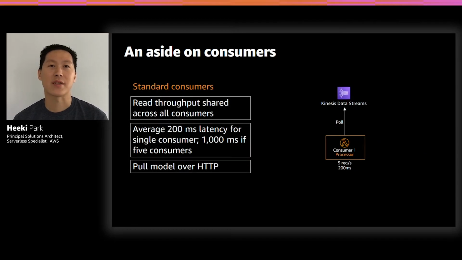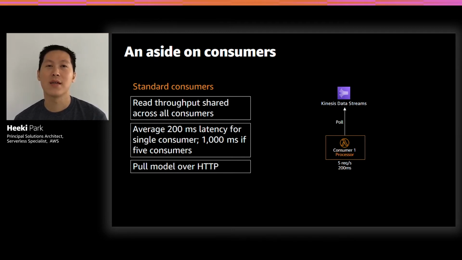Here's a quick aside on Kinesis consumers. There are 2 different kinds of consumers of Kinesis that can be configured. Let's take a look at those 2 types and see how they apply to the poller as a consumer of Kinesis. First, there are standard consumers, which is the default type of consumer. All standard consumers of a stream share read throughput with all other consumers.